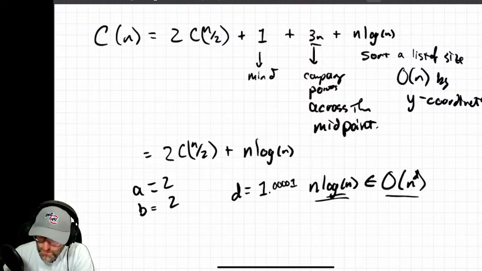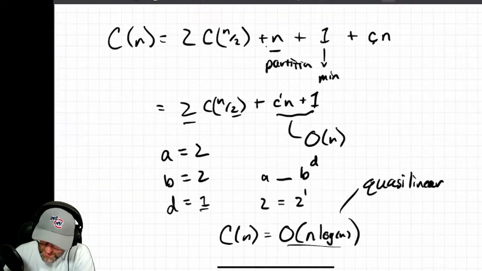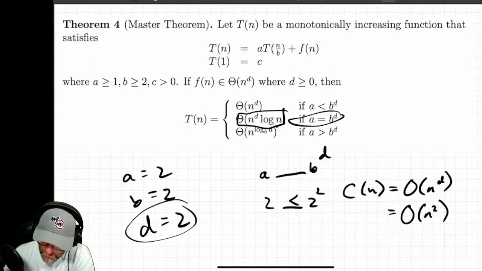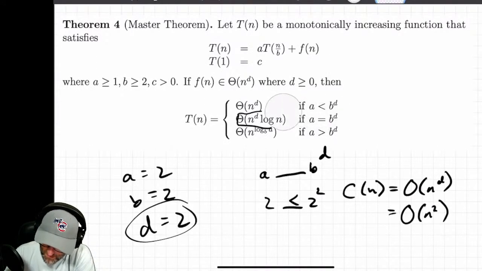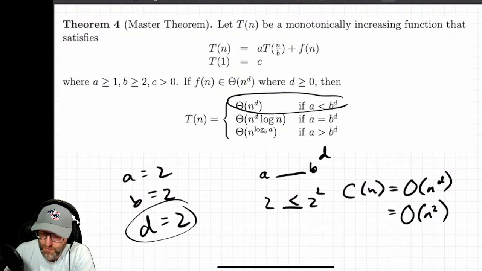That would be true, but that's still not all that satisfying, and it makes this comparison of a versus b to the d hard. In fact, it's going to end up being strictly greater than, which gets us right back to here. And it's going to be order n to the 1.00001 or something like that.